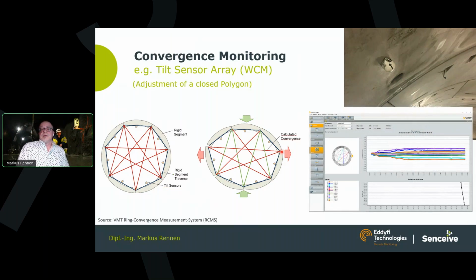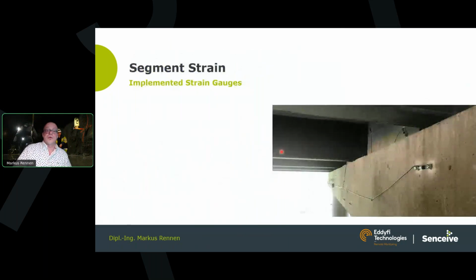So during advance, whoever drives the TBM has an idea of what's happening in the back of the tunnel by the outside forces. Well, talking about forces, of course, concrete strain is always an issue.